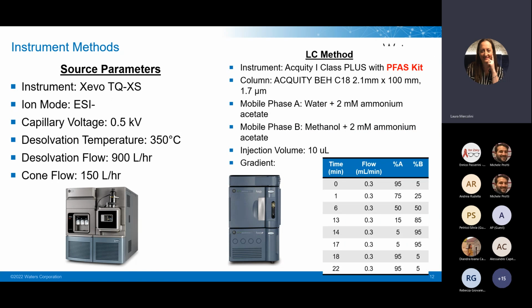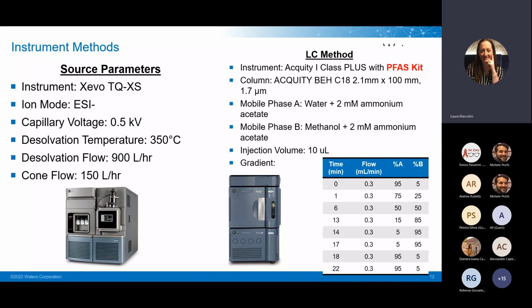So in terms of instrumental method, we were lucky because we already had several methods to analyze PFAS in environmental matrices, and we use the same conditions that we already developed for other PFAS methods. We changed just the injection volume, because usually when we perform a water analysis, we are able to also increase the injection volume.